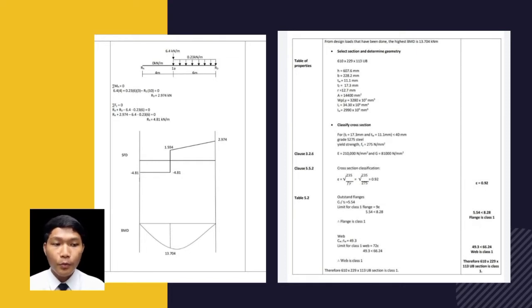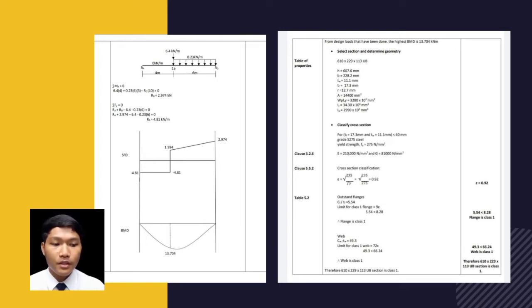We follow the table properties of the beam, and then we classify the cross section, and then we get 0.992. Then the outstand flange is 5.54, which is smaller than 8.28.